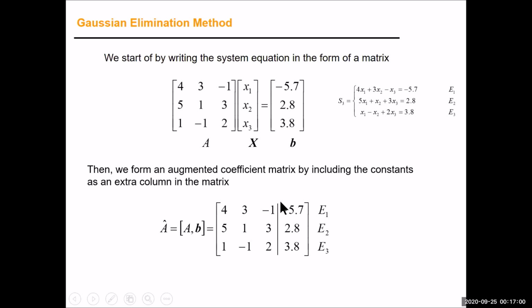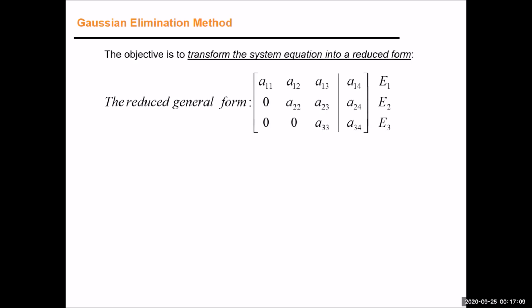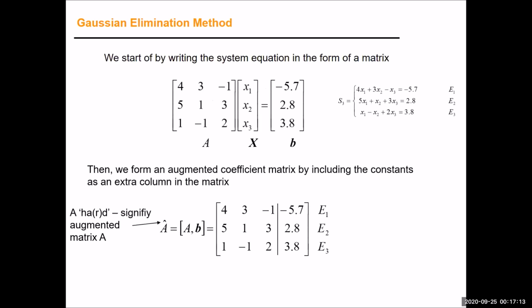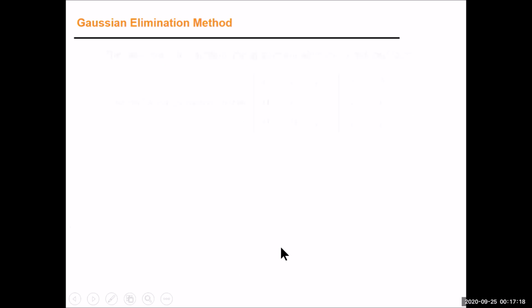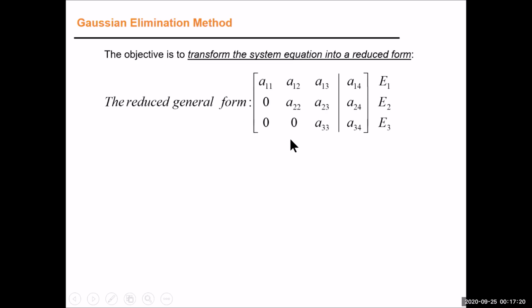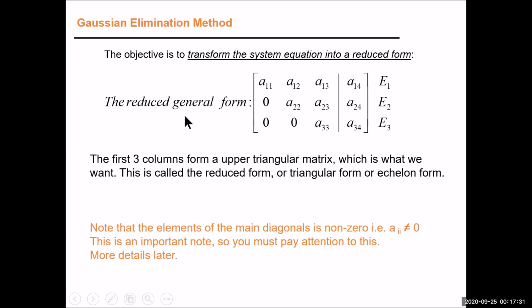And the next step is to convert this square matrix here into a form which looks like this. This is what we call an echelon form, or upper triangular form, or there's another word called the reduced form. There are many words to describe the same thing. You can choose any of them, but I like to use the word echelon because it looks like our National Day parade.